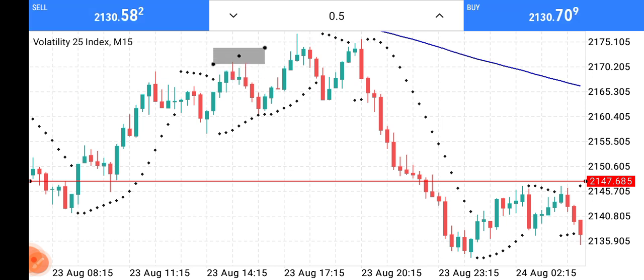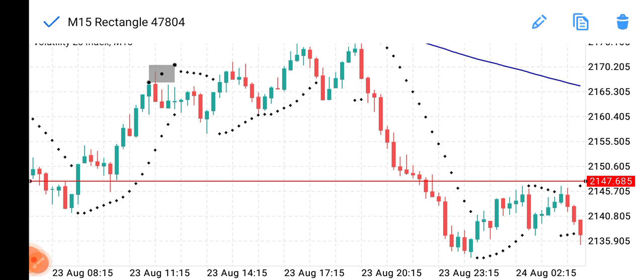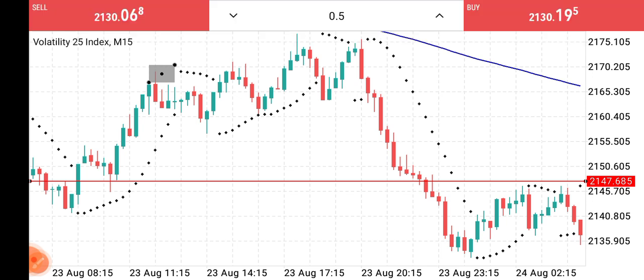Why? Because this high here is higher than this high here. Okay, so that's why it's higher high.